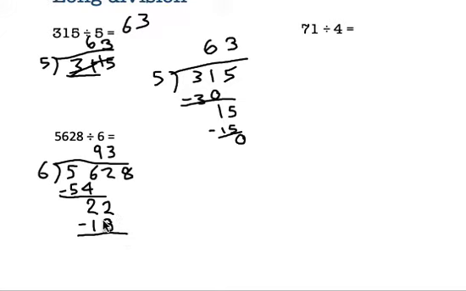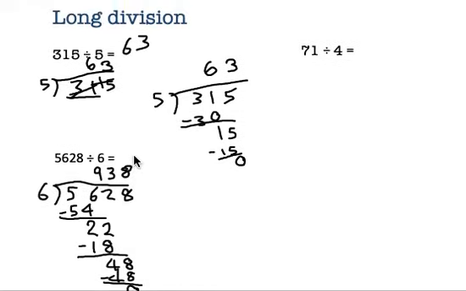Now, 22 minus 18, I've got 4. Drop down that 8. How many 6s do I have in 48? I've got 8 of them. Okay, and so it's 48 down here. And I've got nothing left over, so that's perfect. So my answer is 938 for this one.